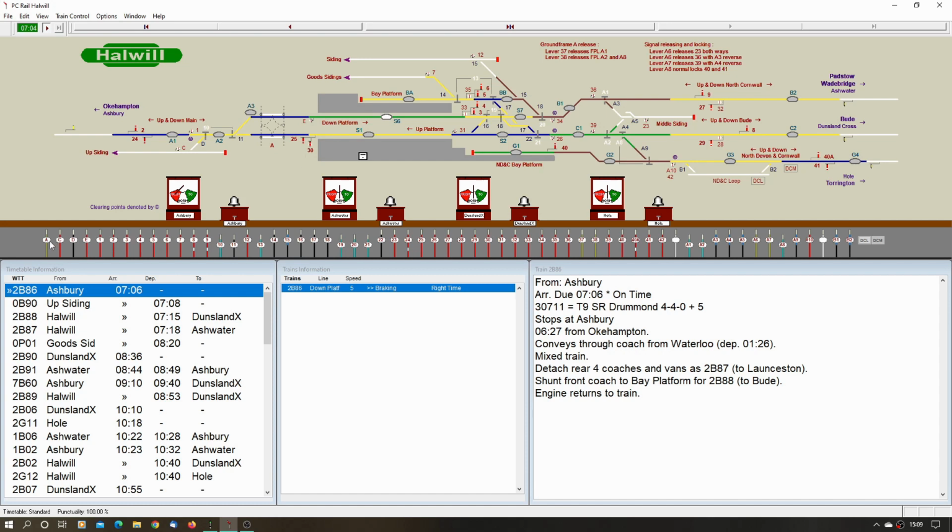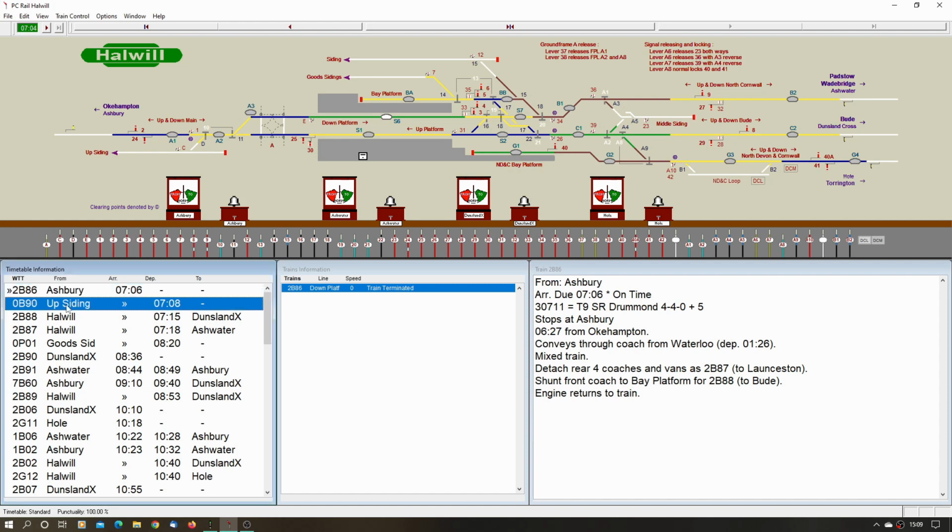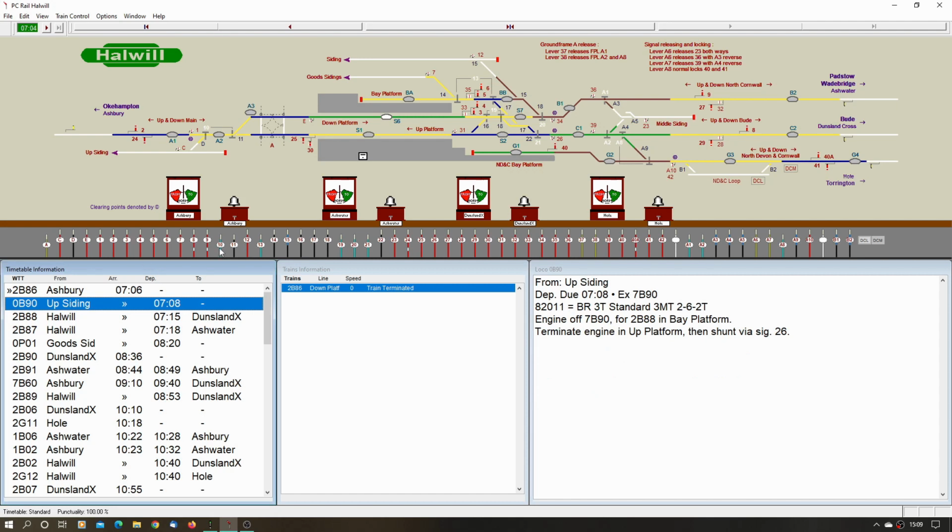Right, he's cleared the gates. I'm going to turn time compression off so it doesn't run away during this shunting move. I think that's probably where you can lose a bit of time. And out of section to Ashbury. Right, now we've got this one due out of the up siding shortly, so I'm going to unlock the points, change D and 11, and relock the points with 10.